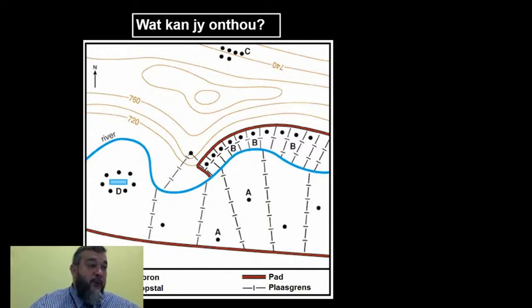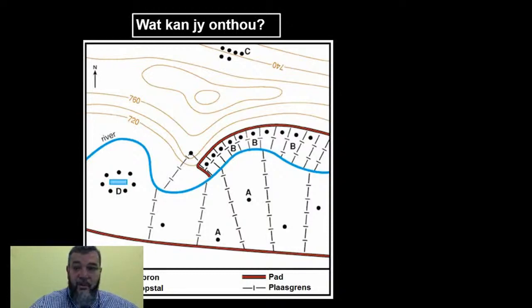Now, where's the river? Here, kronkel die rivier. The river is always at the lowest point. There's the river. You with me? Here's my infrastructure. There's the road. There's the road. Plaas op stal. These are farm buildings. Each one is one farmer's farmstead.